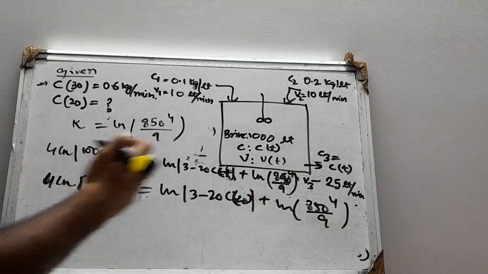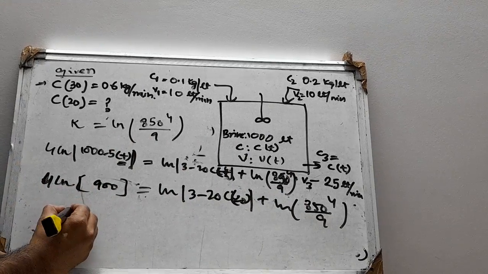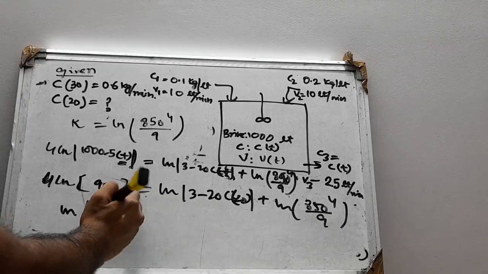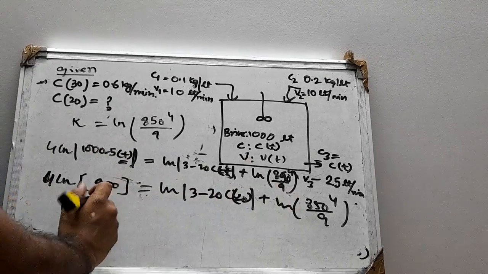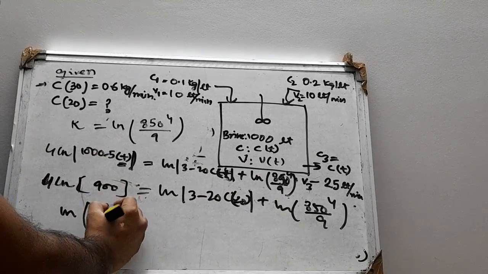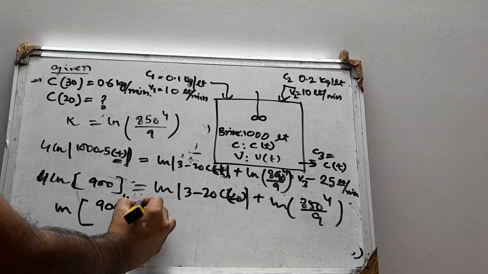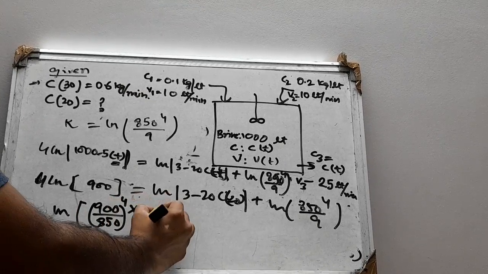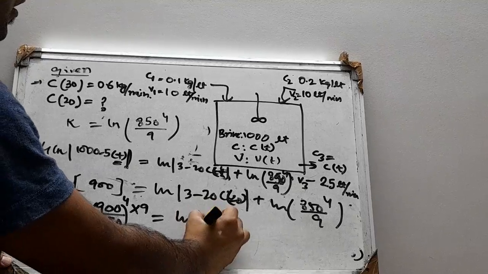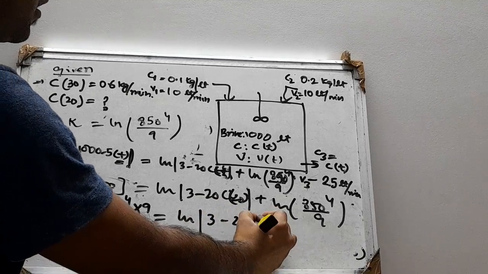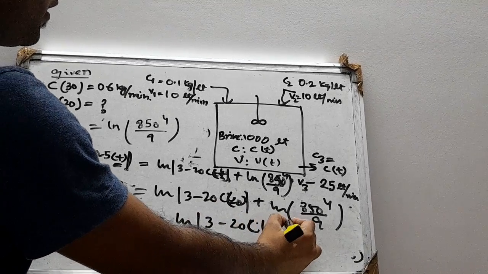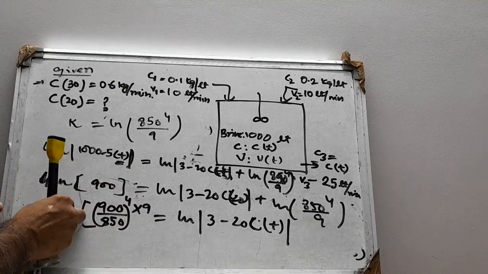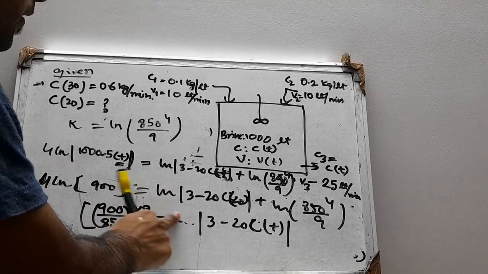So you can bring it here, and it will be subtracted, so it will divide. So this is 900 raised to power 4 over 9 over 850 raised to power 4, is equal to ln 3 minus 20 CT. We can remove this ln because it is on both sides.